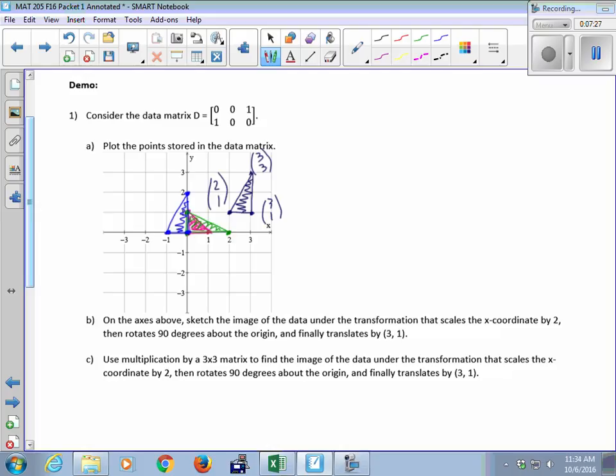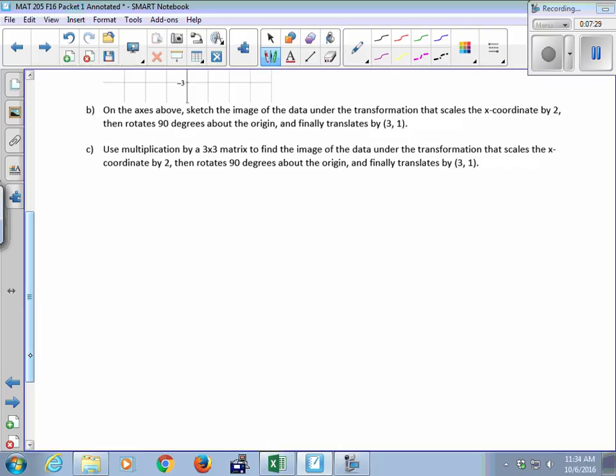So this is what we're going to do. First, we make the data matrix with homogeneous coordinates. So we have 0, 1, 0, 0, and 1, 0. That was our data. But then we have to add these ones to make it homogeneous. So this is our data.